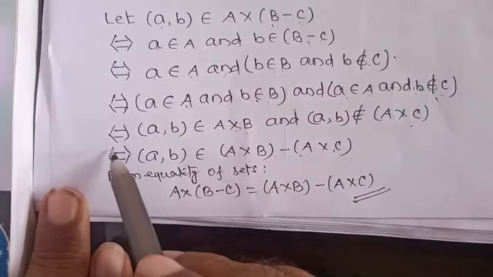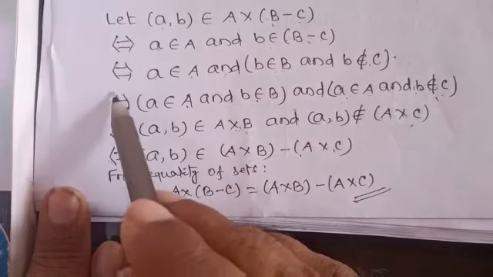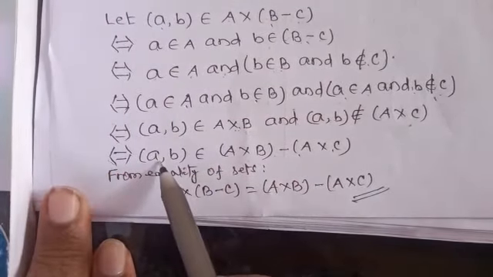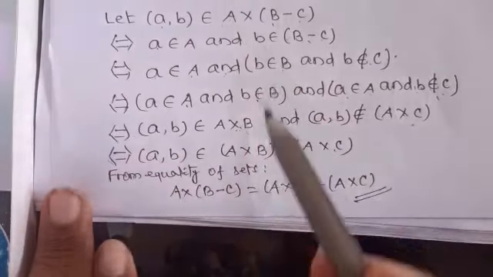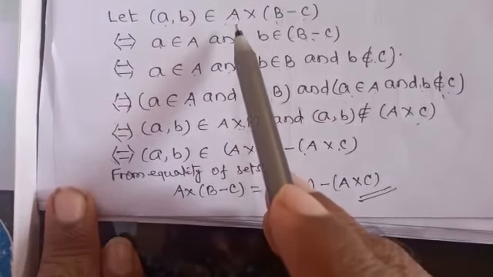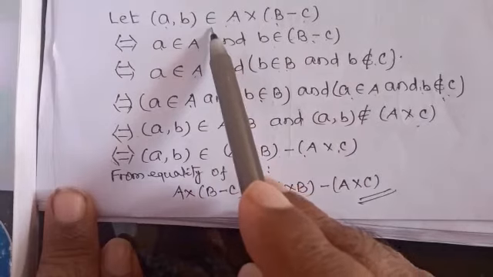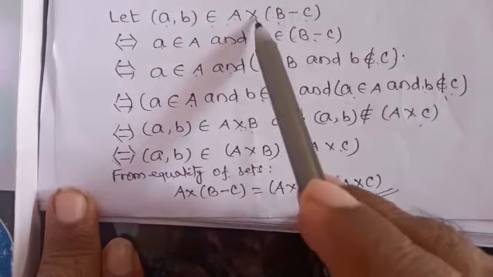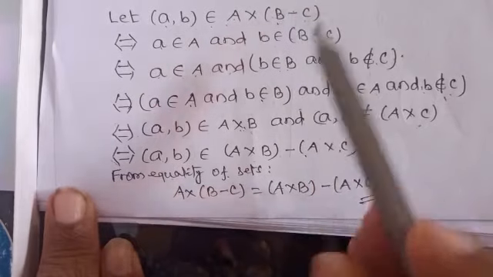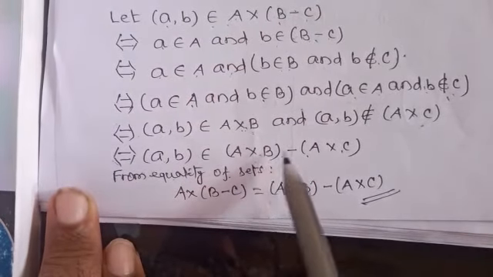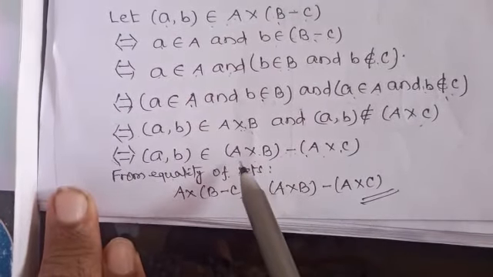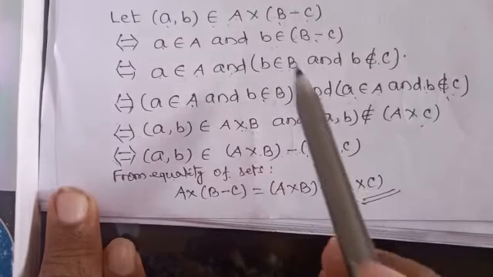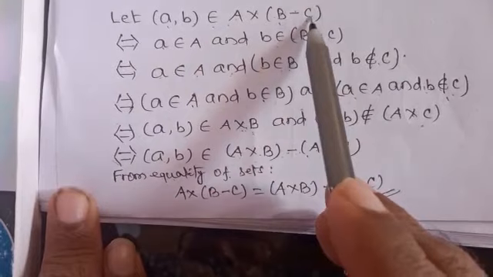Now use the is implied by symbol, means from here we arrive here. So now apply equality of sets, because A cross (B minus C) is a subset of (A cross B) minus (A cross C), and (A cross B) minus (A cross C) is a subset of A cross (B minus C).